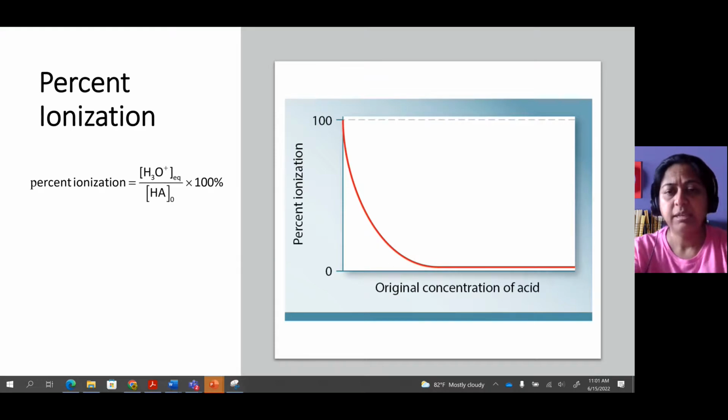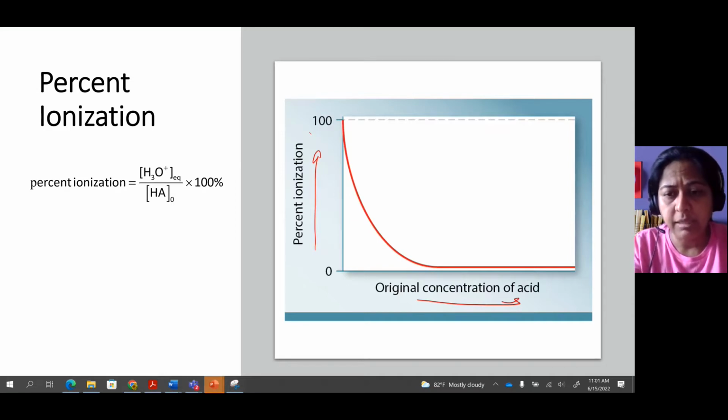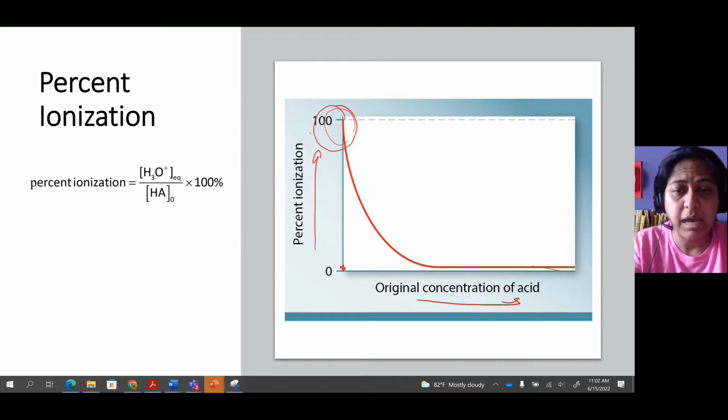So here you will see the relationship between the percent ionization of the weak acid and the original concentration. If the percent ionization is 100%, then the concentration is 0.